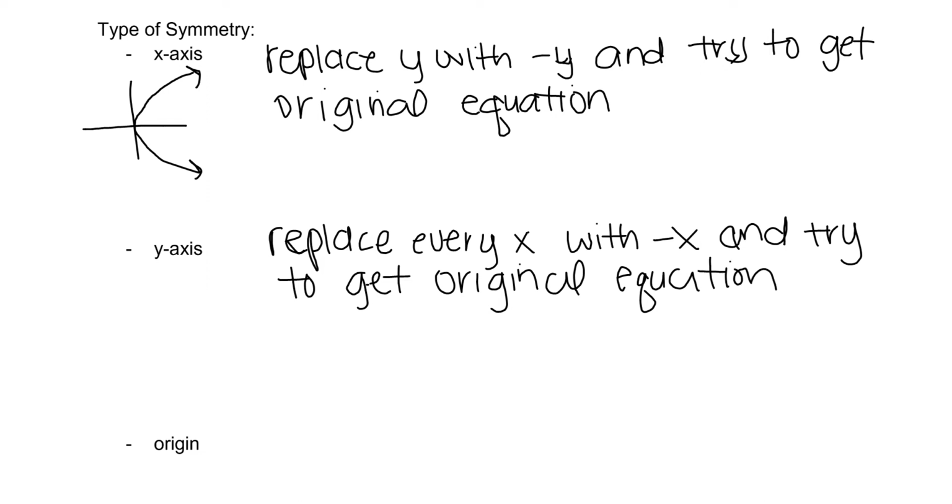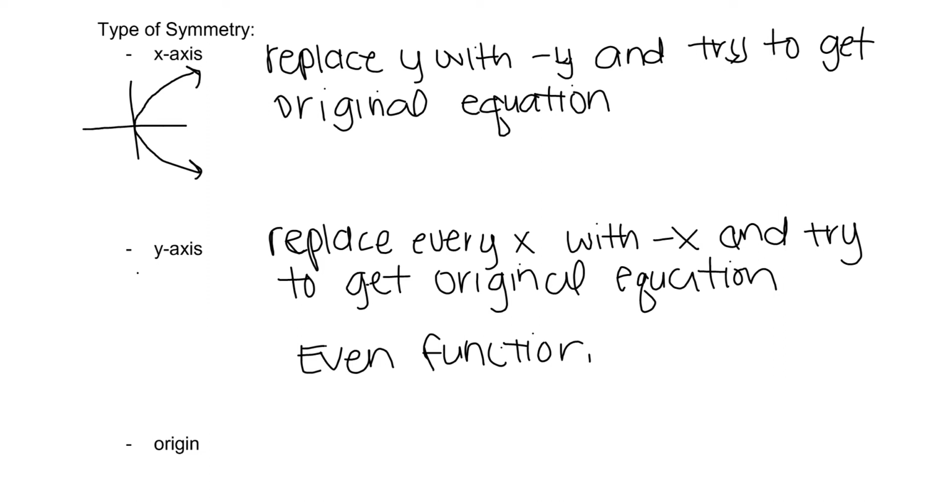And if we compare this to our definition of an even function, it's pretty much the same thing. We're replacing x with negative x, and we're getting the original, which means anything that's symmetric about the y-axis is an even function. So I know even functions follow this rule. And it can be said the same way. If a function is even, then we know it's symmetric about the y-axis. So it can go in both directions.